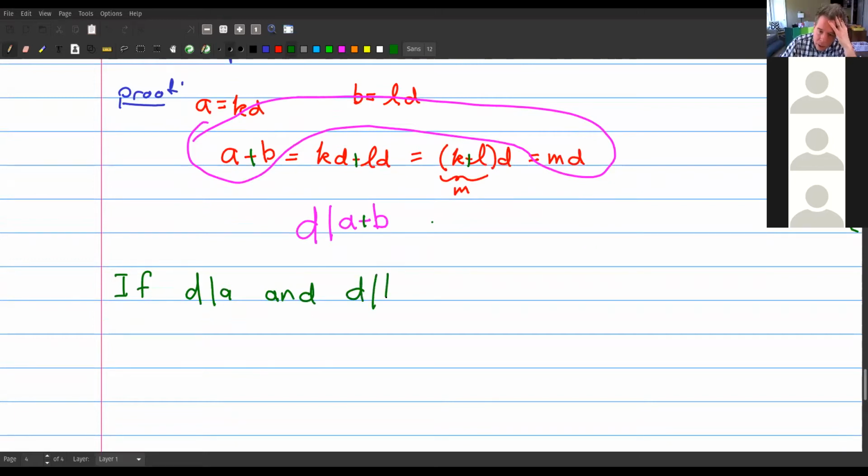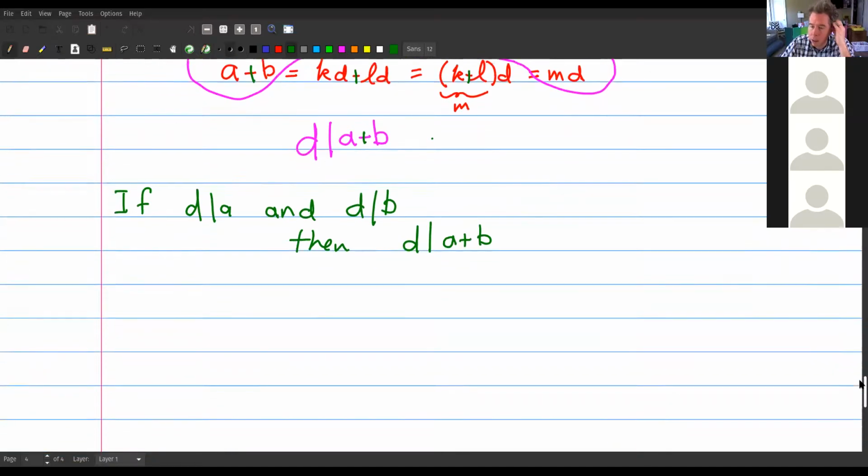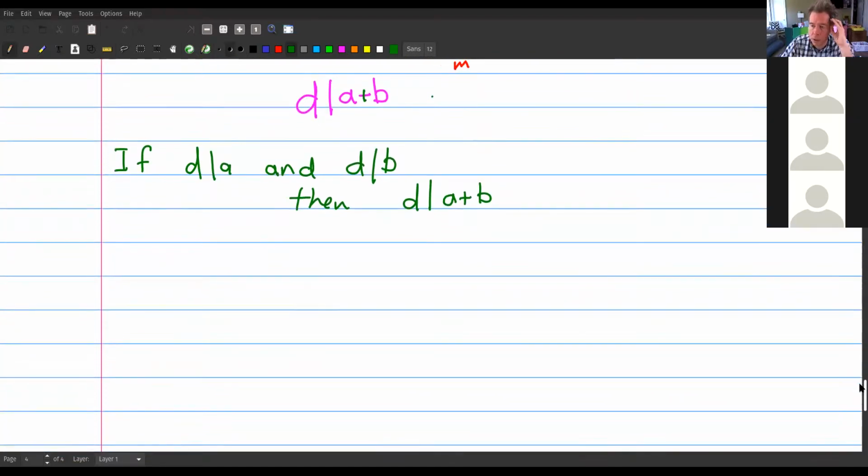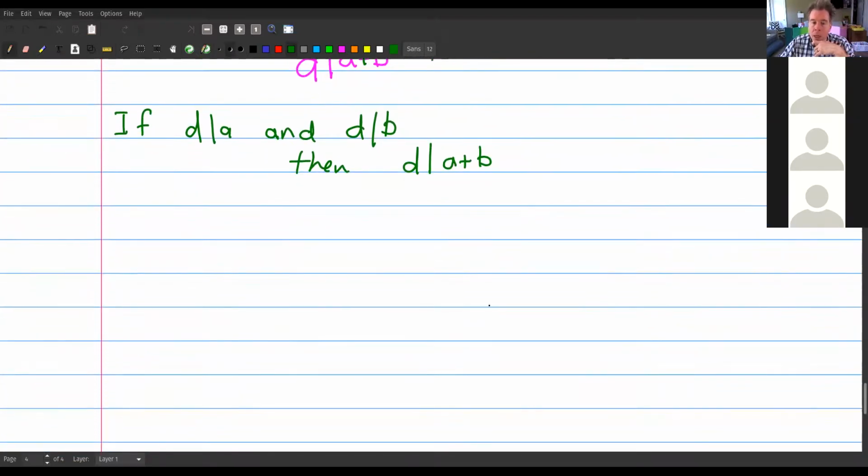And so if d divides a and d divides b, then d divides also a plus b. So it divides really any linear combination of a and b, such as their difference or their sum. Now I want you to consider this other situation.